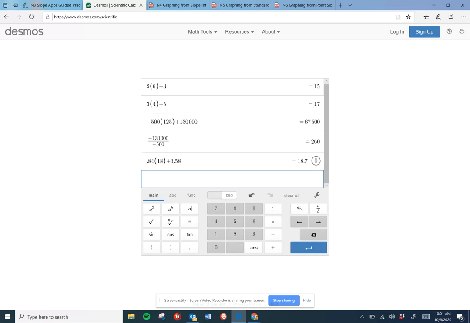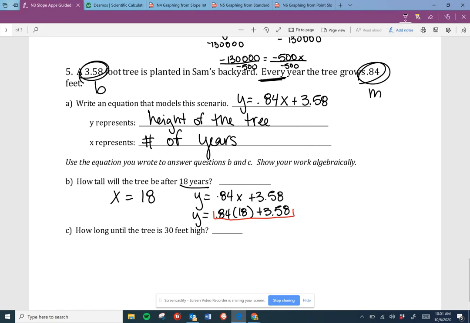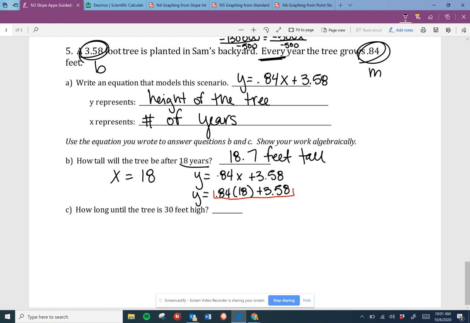I go back to my original equation, 0.84x plus 3.58, and I'm going to substitute that 30 in for y, right? And now I'm going to have to solve to get x, okay? So subtract 3.58 from both sides, okay? 30 minus 3.58 is going to be 26.42.